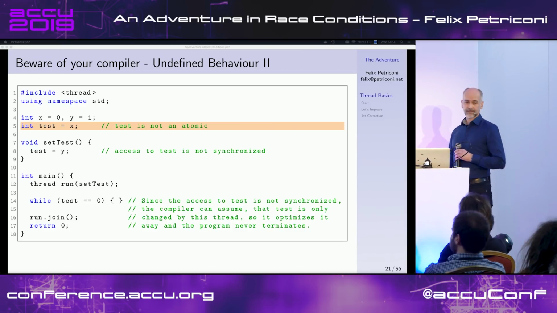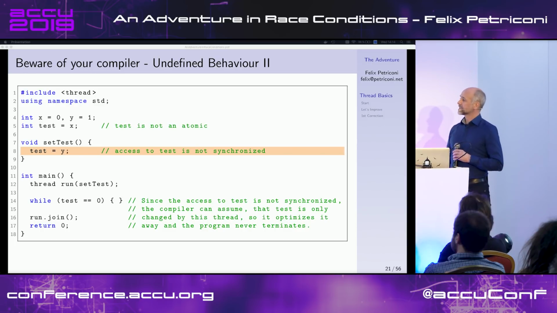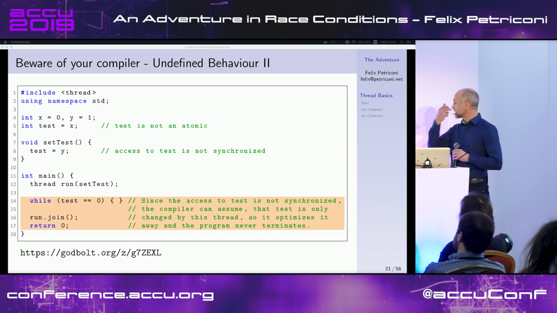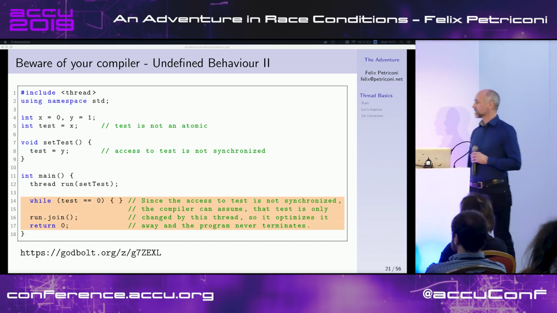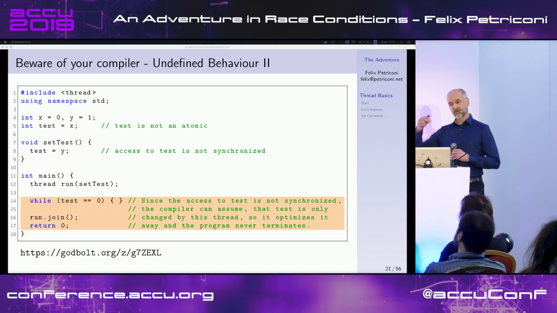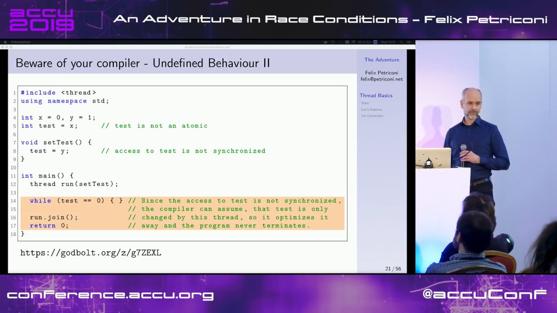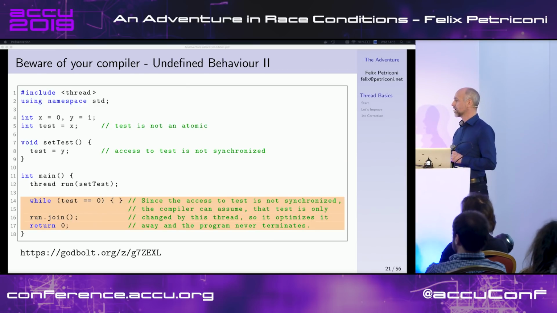Test is not an atomic, so the access to test is not synchronized. Since test is not synchronized, the compiler can assume that test is only changed by the main thread, so it optimizes it away.